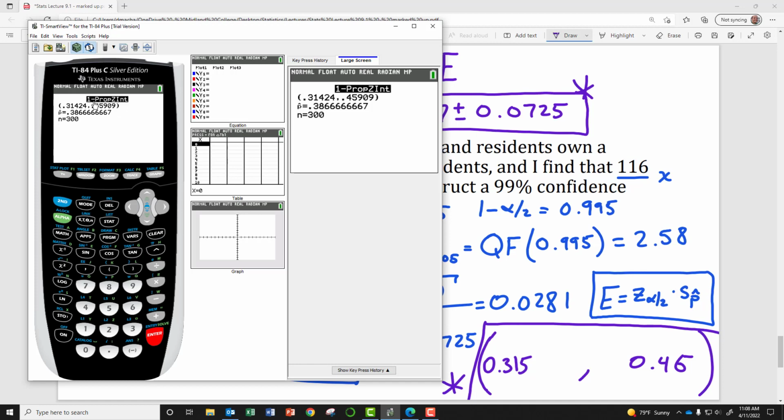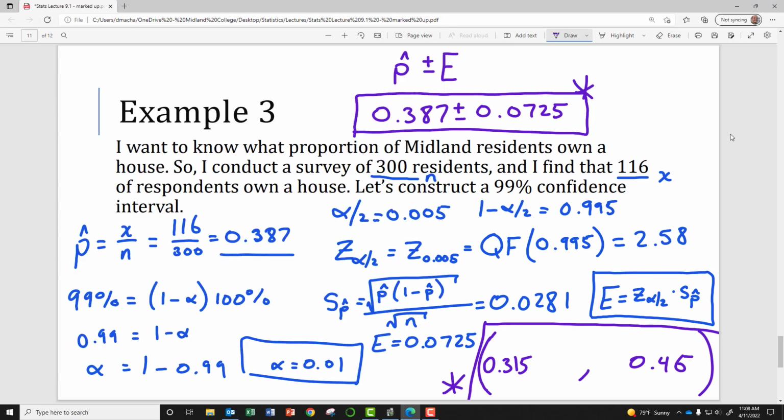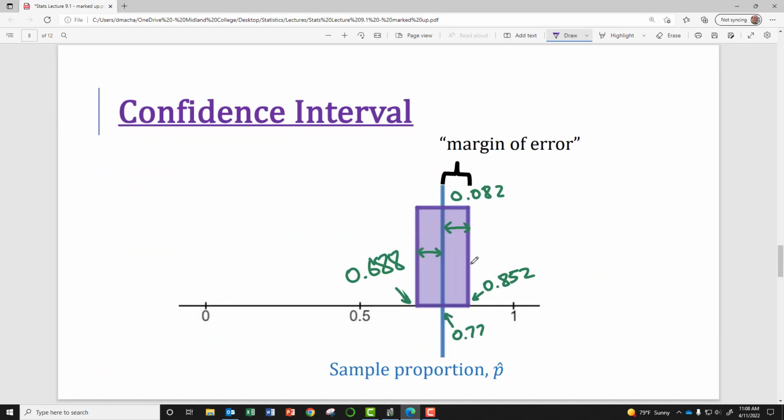If you want to figure out what your margin of error is after you've done it in your calculator like this, what you need to do is take your upper bound minus your lower bound and then divide by 2. So I want you to do 0.459 minus your lower bound of 0.314. That gives you the length of your confidence interval. But remember that your margin of error is just half of the difference between your upper bound and your lower bound, right?